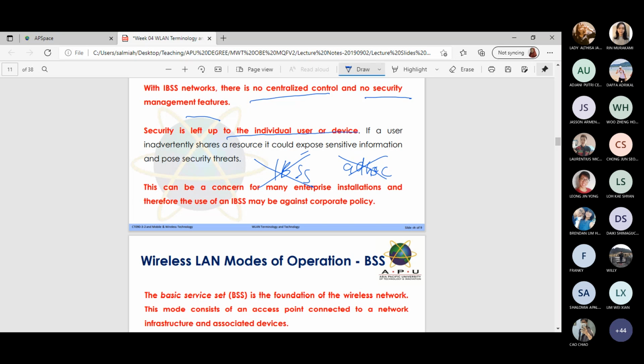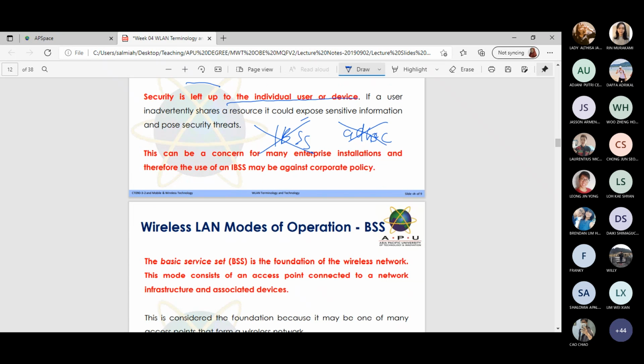For your information, in my case, I never did that, because I was lazy to check the security policy in APU, but I know it's not good. That's why I don't want to perform that using any APU devices, and also any APU Wi-Fi connection.